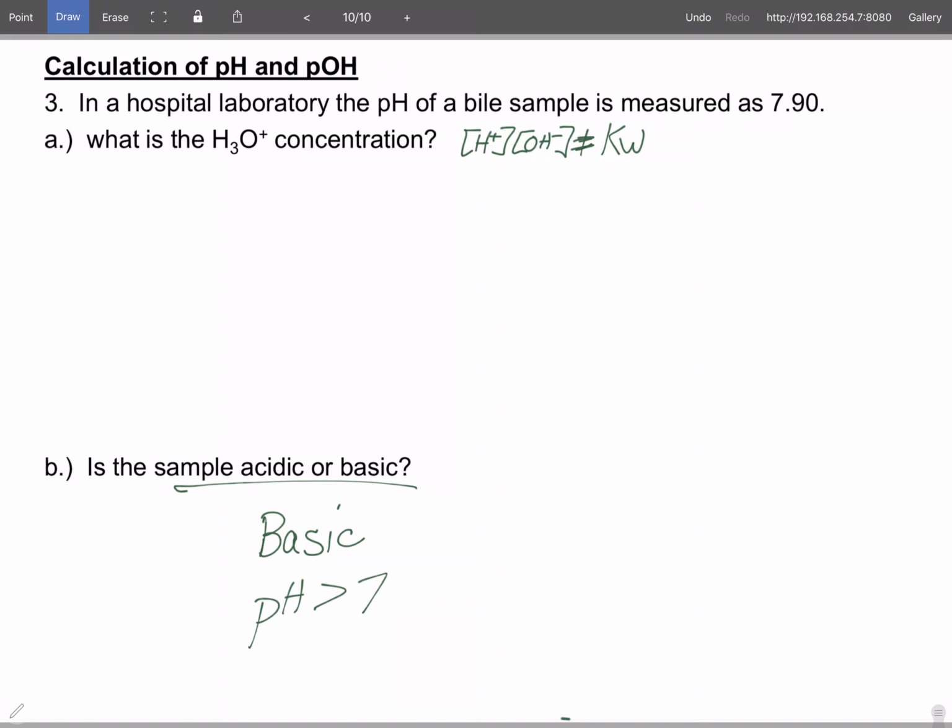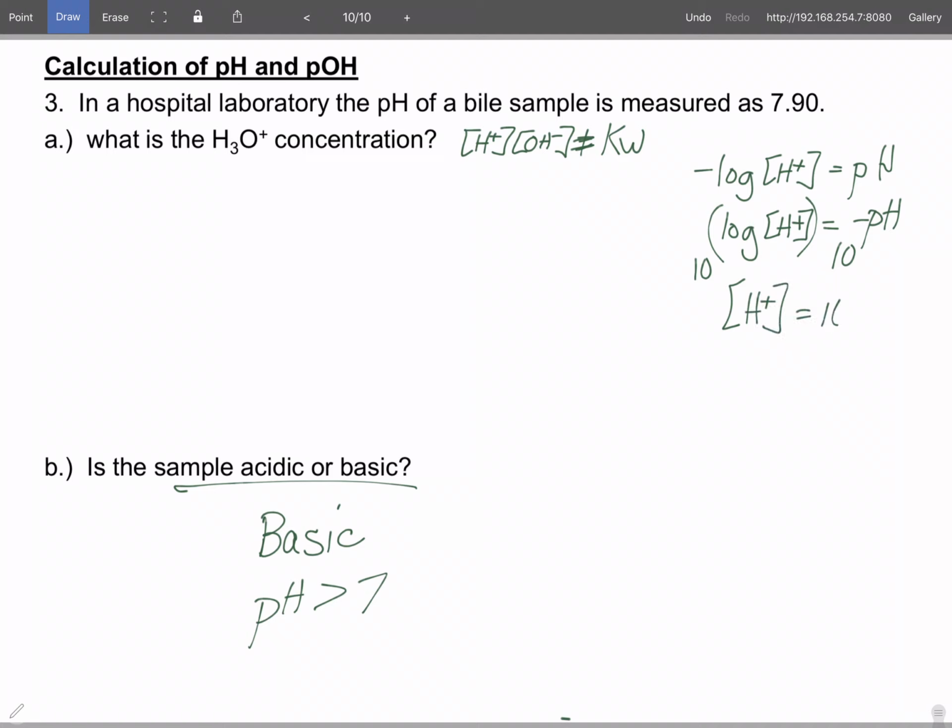If we took the negative log of the hydronium ion concentration, that was equal to the pH, right? So if we move the negative, we have the log of H plus is equal to negative pH. Okay, what is the inverse of log? 10. So if we raise 10 to both sides, then the H plus concentration is going to be equal to 10 to the negative pH.